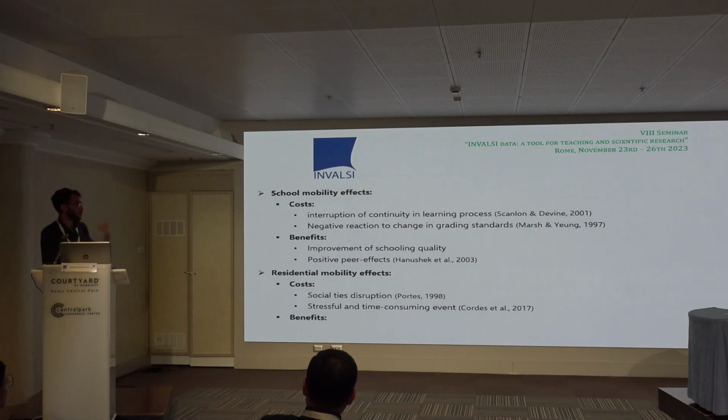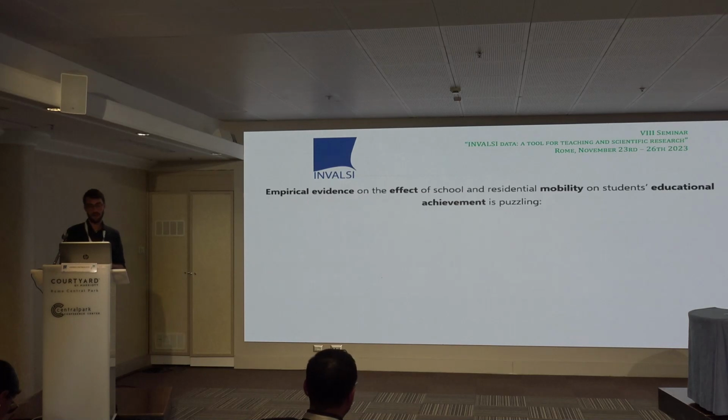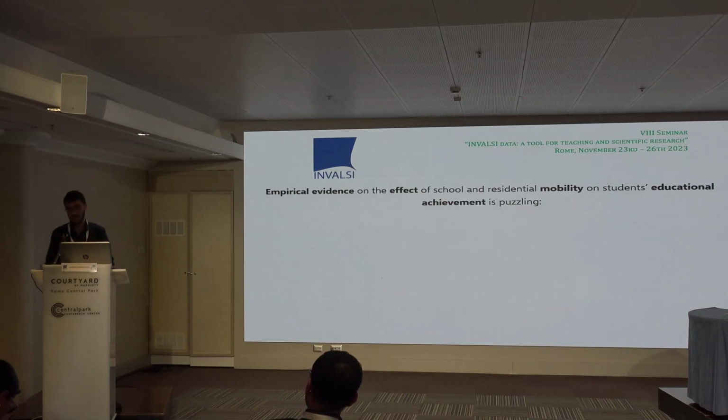However, there are some benefits, for instance the improvement in housing quality, in neighborhood services, and all these different kinds of neighborhood effects. The empirical evidence on both residential mobility and school mobility is a bit puzzling. There is no clear-cut evidence on it.